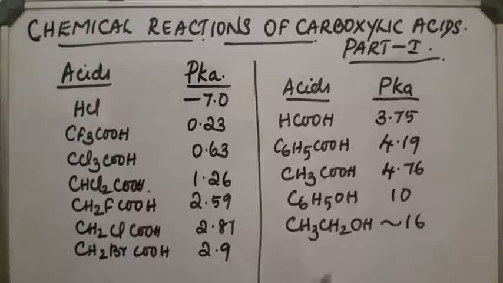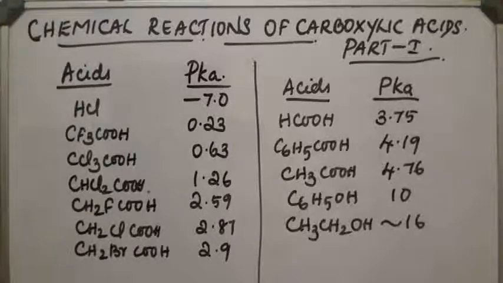Phenol has a large pKa value compared to carboxylic acid, which means it is less strong. The alcohol has a pKa approximately equal to 16, which means it is an extremely weak acid. So this is the table. Carboxylic acids are weaker acids compared to mineral acids, but they are stronger than alcohols, phenols, aldehydes, etc.